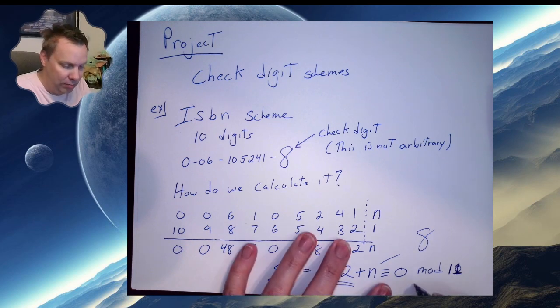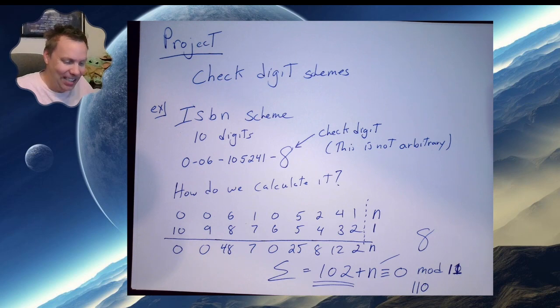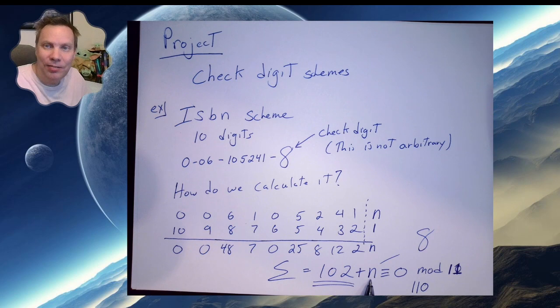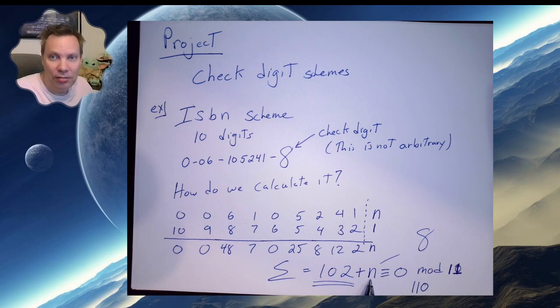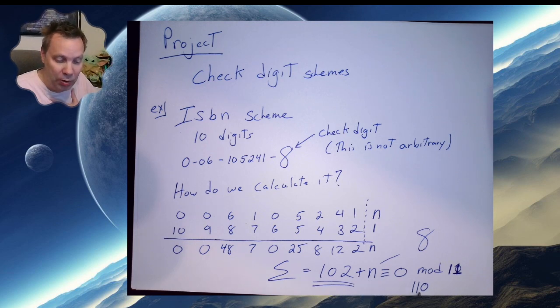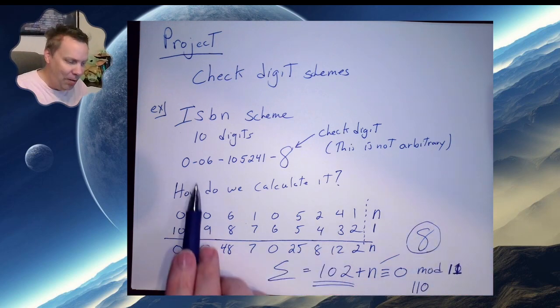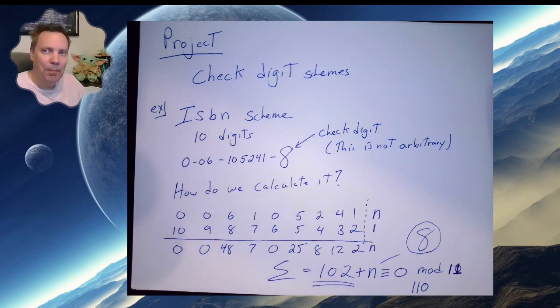Sorry, 110 is a multiple of 11. What's the smallest non-negative integer that gets you up to the next multiple of 11? 102 plus 8 is 110, and that's why this is the check digit for this particular number.